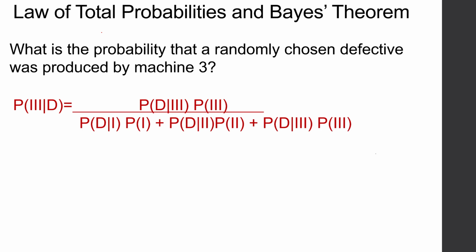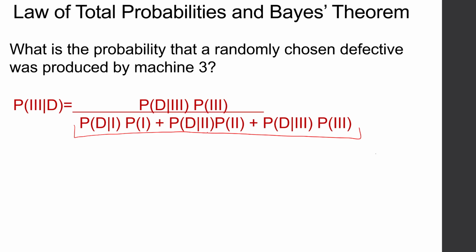We apply Bayes' theorem. We do the intersection of being from machine 3 and defective in the numerator. So that's the probability of D given 3 times the probability of being from machine 3. And then we can disjointify that sample space, and we can add the probability of being defective and from machine 1 to the probability of being defective and from machine 2 to the probability of being defective and from machine 3.